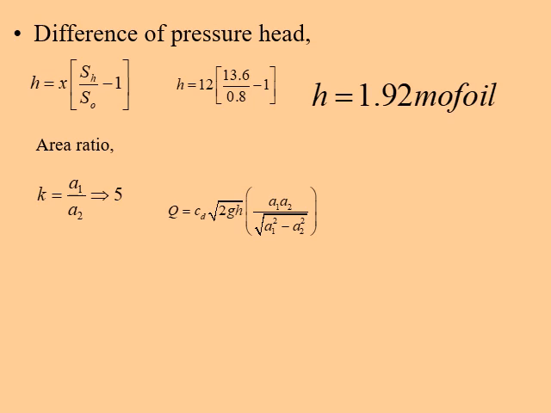So now in the discharge formula, Q is equal to Cd into square root of 2GH into A1 into A2 divided by square root of A1 square minus A2 square. So here Q is equal to Cd into square root of 2GH.